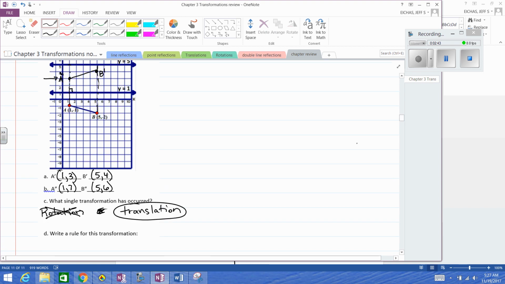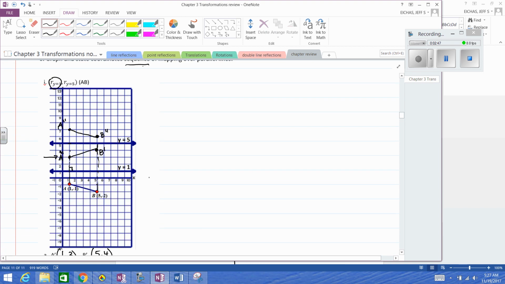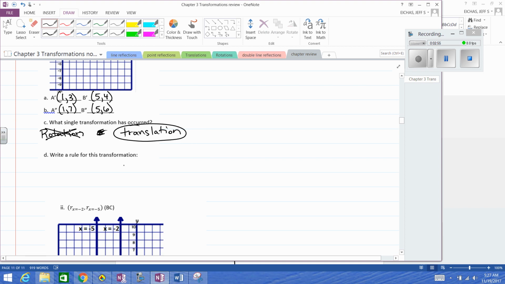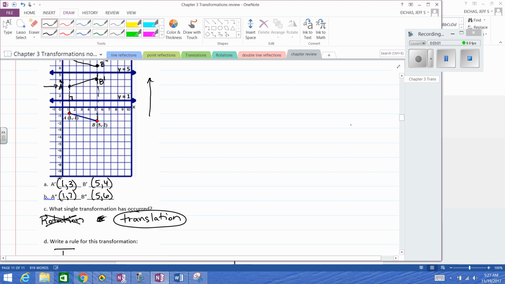Now, we've gone over this. One of my other videos shows what it is. The translation vector is going to be perpendicular to the parallel lines. So that's going to be important. Write the rule for this transformation. You could translate, and what's interesting is it's going to be double the distance between these lines.